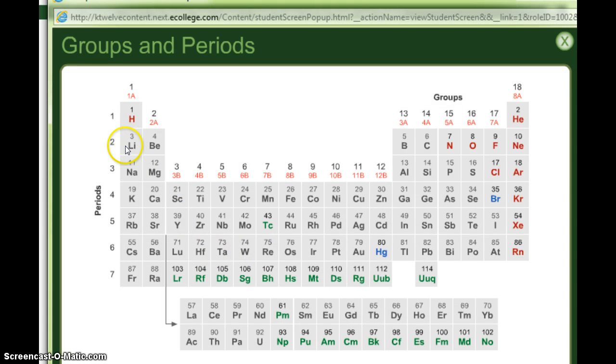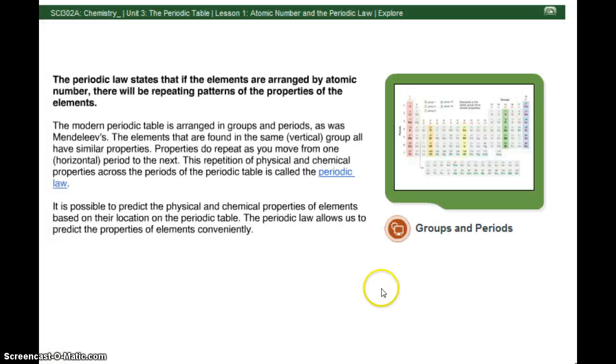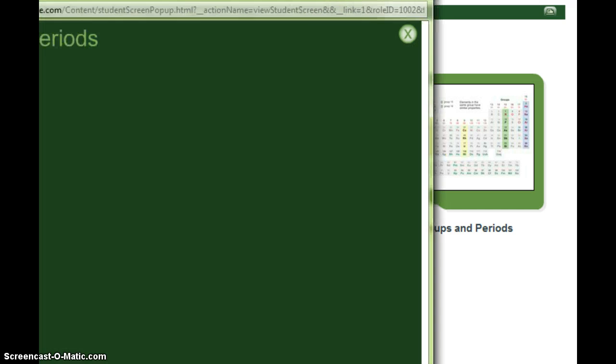So they're saying 1 valence electron, 2, 3, 4, 5, 6, 7, 8, 1 valence electron, 2, 3, 4, 5, 6, 7, 8. That's what they mean by repeating. So this whole group has 1 valence electron and therefore similar properties. It is possible to predict the physical and chemical properties of elements based on their location on the periodic table. The periodic law allows us to predict the properties of elements conveniently.